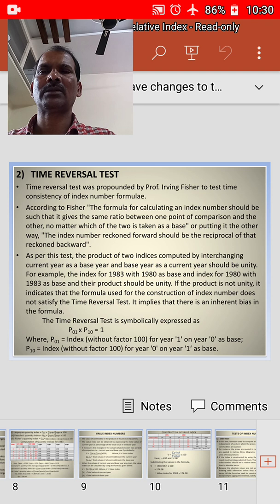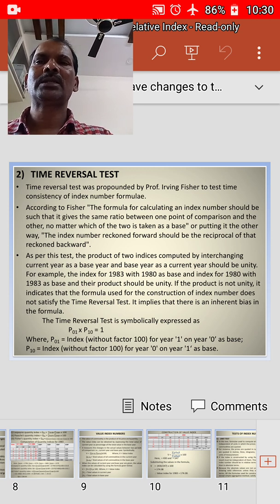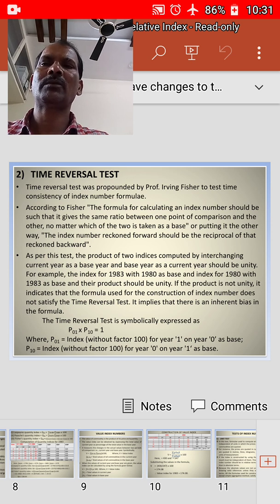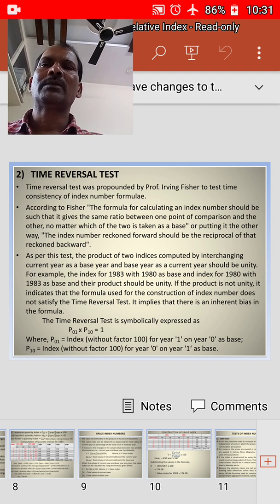The time reversal test was propounded by Professor Irving Fisher to test the time consistency of index number formulae. This test enables us to determine whether the formulae can work both ways in time, that is, backward and forward. According to Fisher, the formula for calculating an index number should be such that it gives the same ratio between one point of comparison and the other, no matter which of the two is taken as a base.